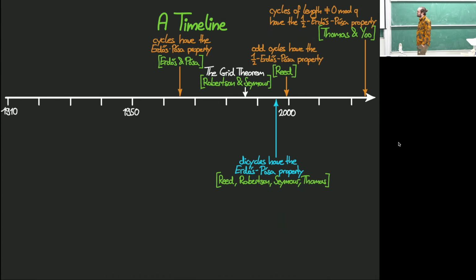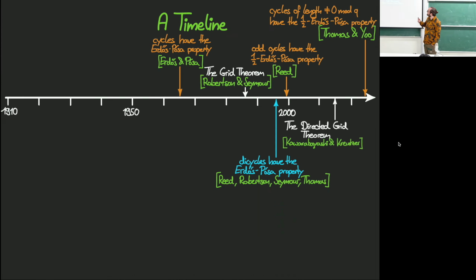So here's the other side of the story, and here's what we know about directed graphs. The Erdős-Pósa property for directed cycles was conjectured, I think, in the 70s or 80s, and proven somewhere in the 90s by Reed, Robertson, Seymour, and Thomas. So it took a while, and this is a very complicated and deep theorem, which manifests itself because this is the foundation of a theorem that came a couple of decades later, namely the proof of the directed grid theorem, by Kawarabayashi and Kreutzer.